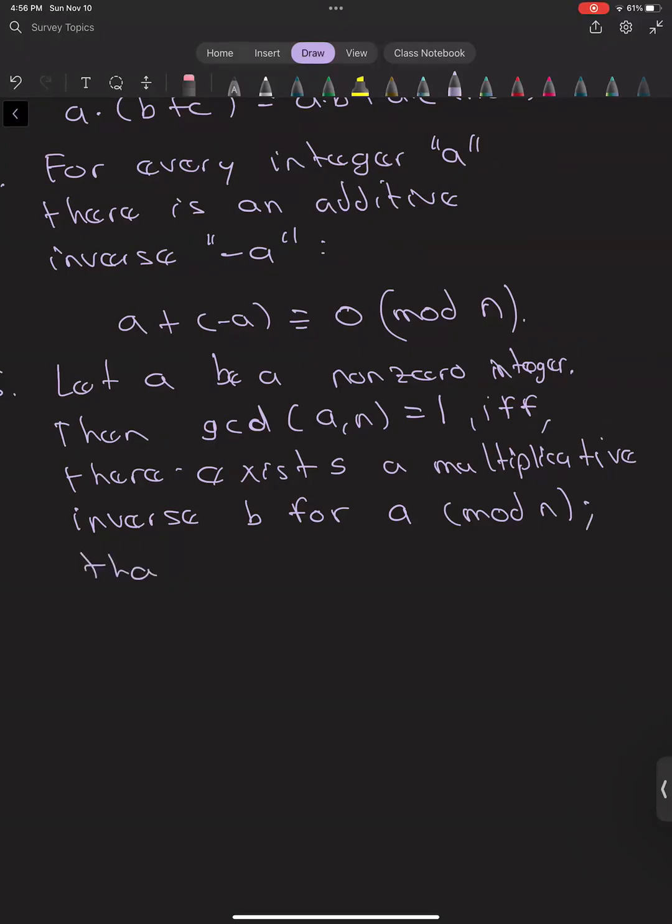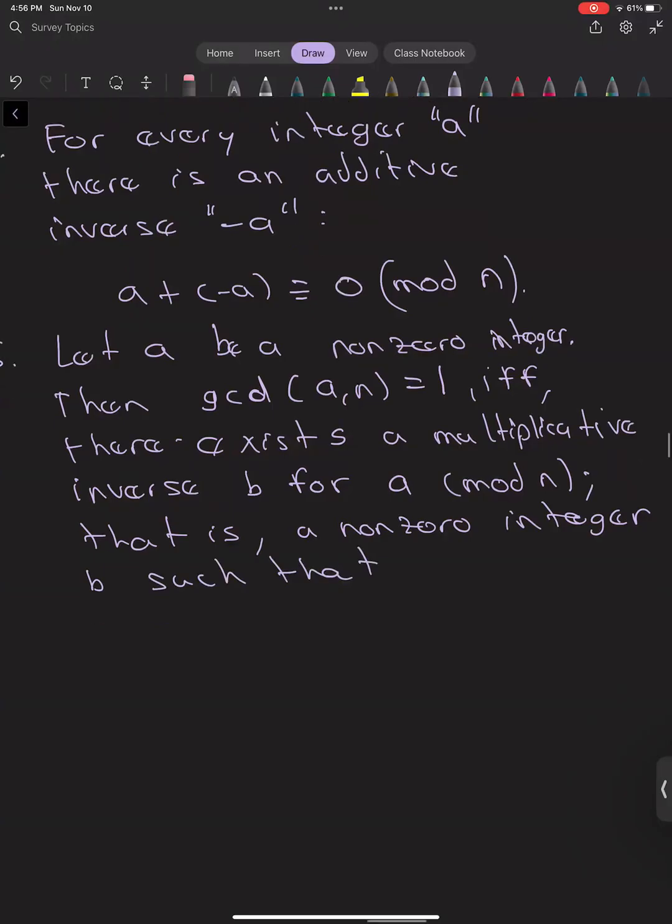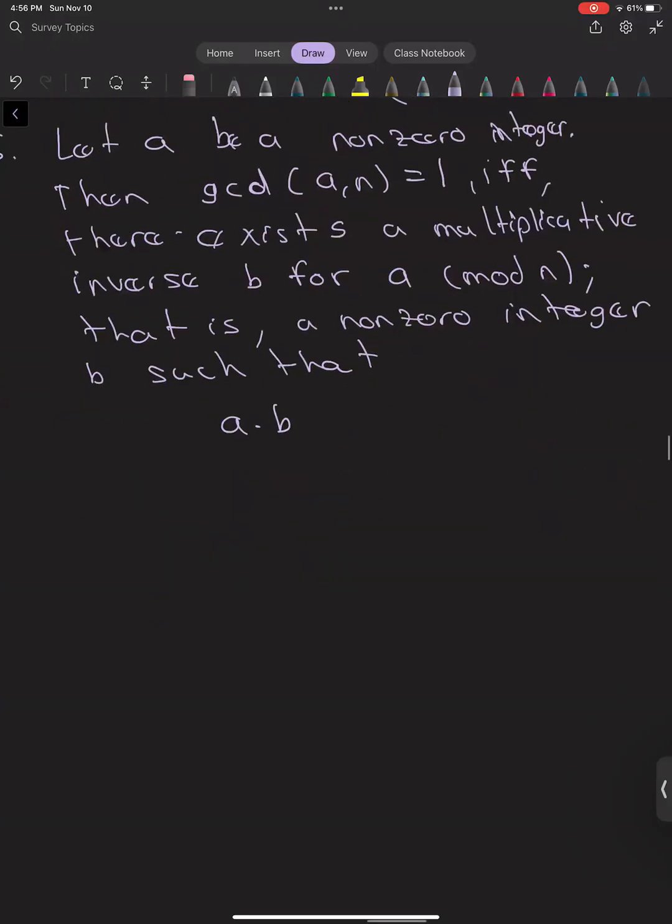That is, a non-zero integer b such that a times b is congruent to 1 mod n.